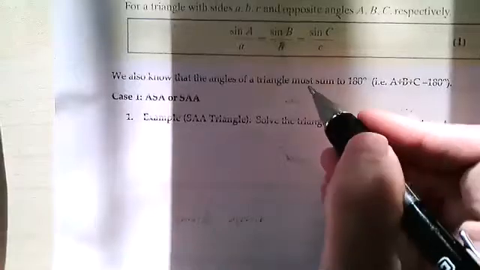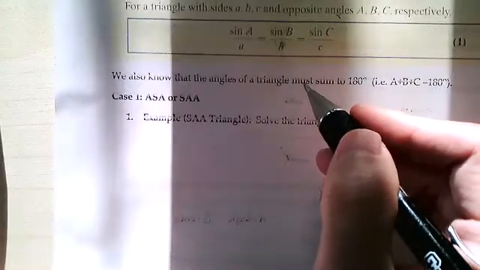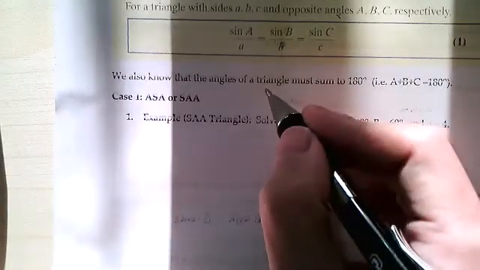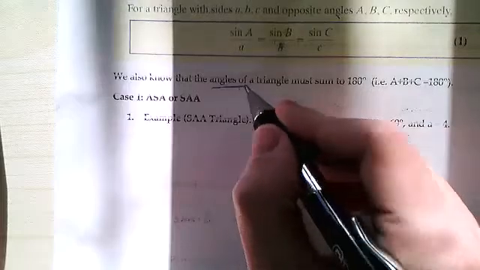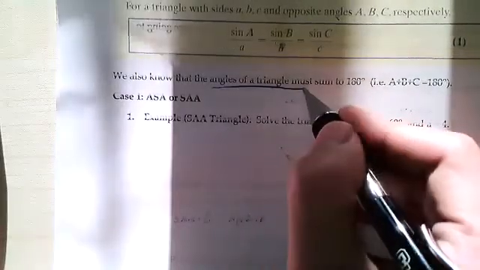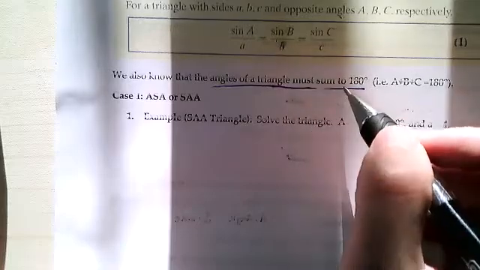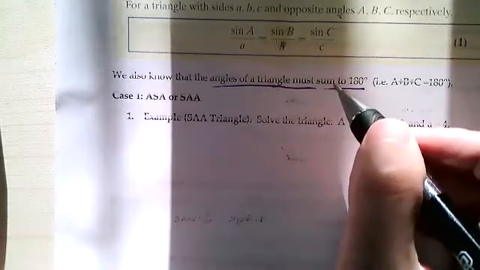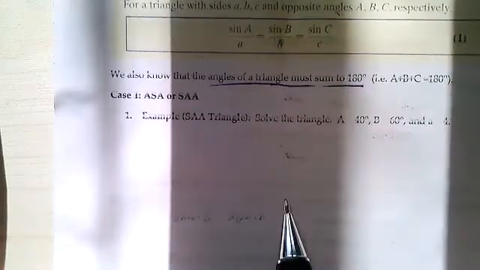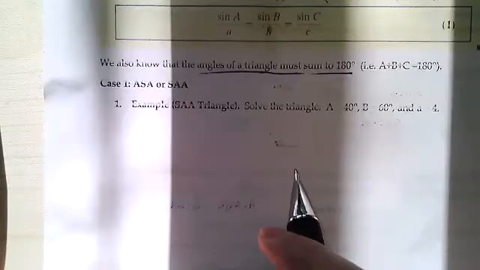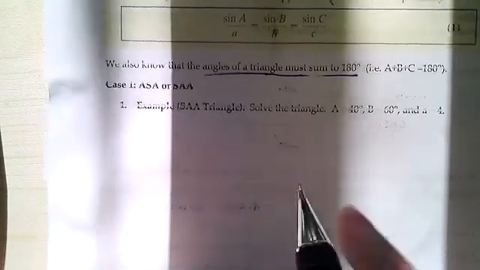So in the lecture notes, the author also reminds you that the angles of a triangle must sum up to 180 degrees. That's the case. This sum must be 180. So let's use this theorem to figure out the triangles in our lecture notes.